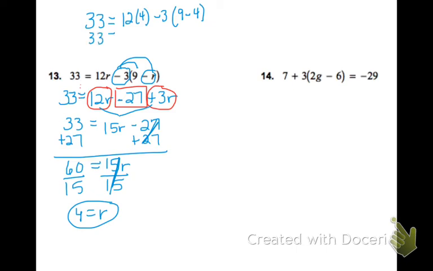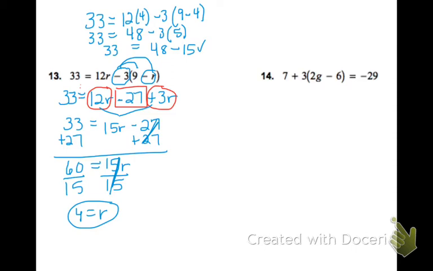So 33 needs to be equal to 48 minus the 3 times 5, so it's 48 minus 15, and that does equal 33. So we can say, yes, we checked it, it makes sense, we have the right answer.